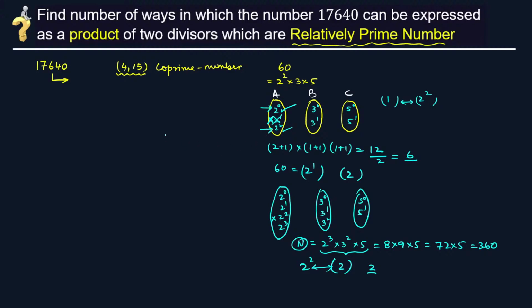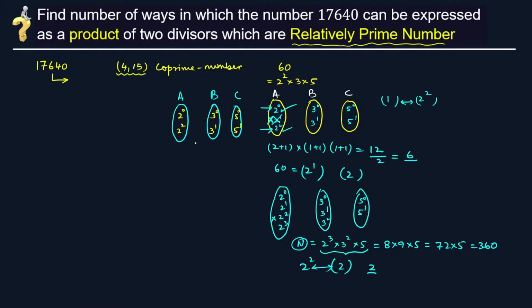Now, in our case, what will happen? Set A will now contain 2 to the power... let me just draw 3 sets first again. Understanding this logic is very important. Otherwise, you will simply memorize the formula and do the sum, and at the end of the day, it is not going to work.